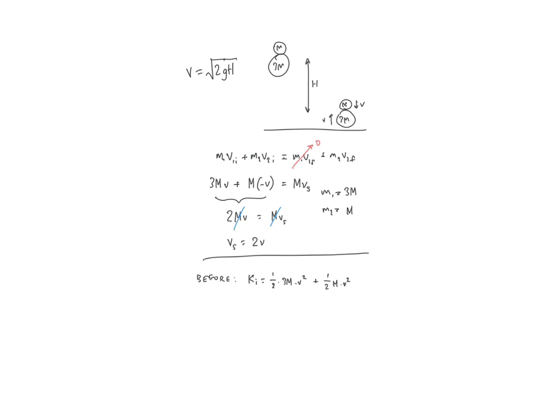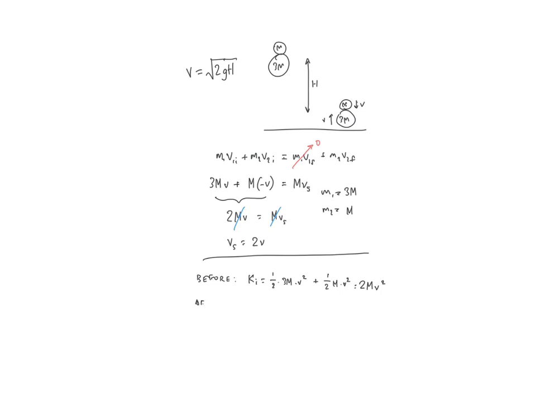So we have 1/2 times 3, which is 3/2 mv squared, plus 1/2 mv squared. That is equal to 2 mv squared. That's the total kinetic energy before the collision.